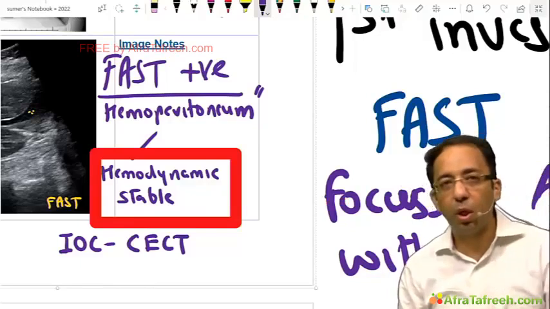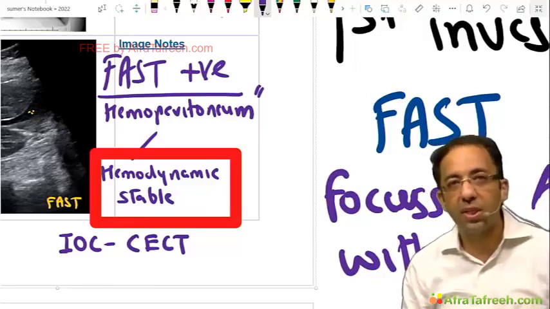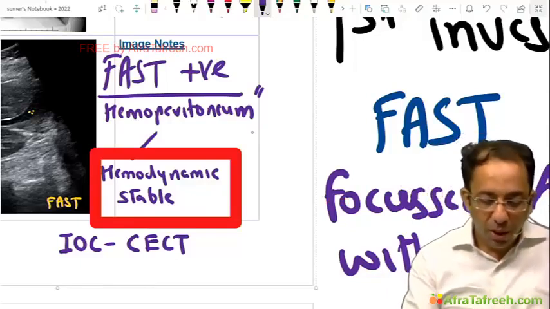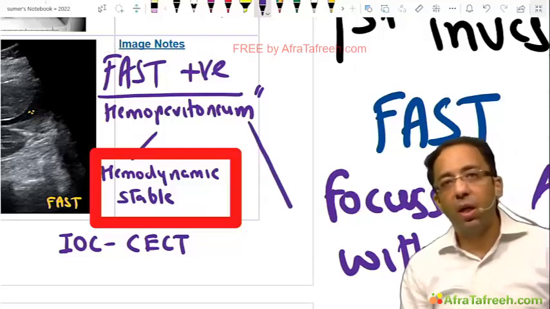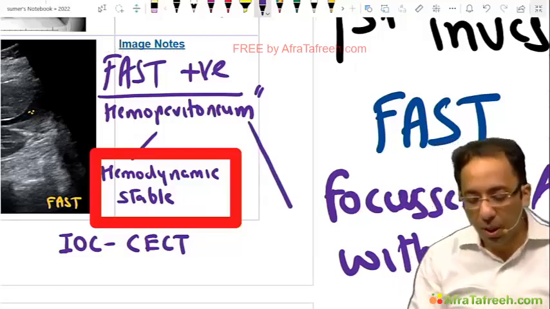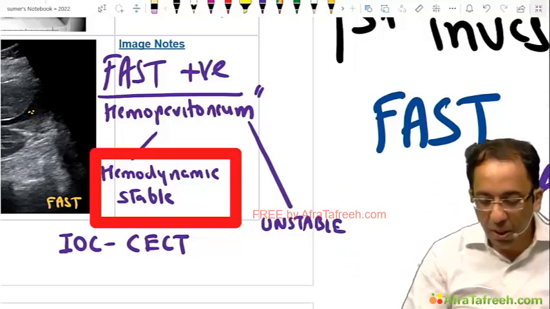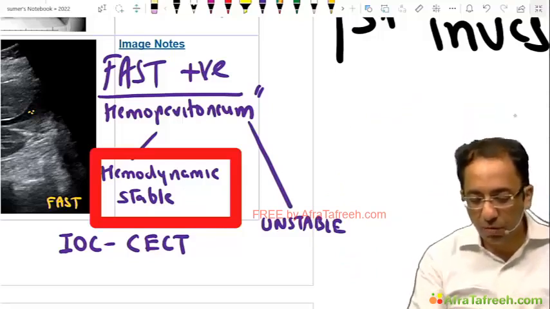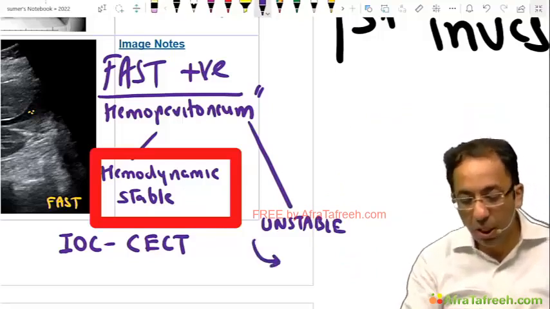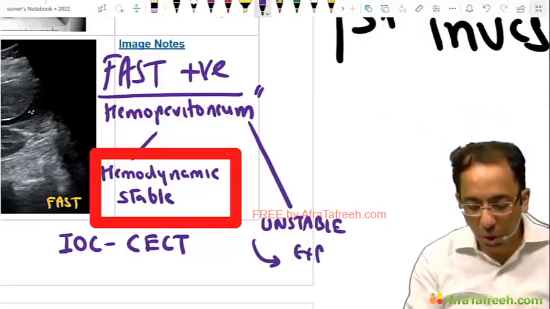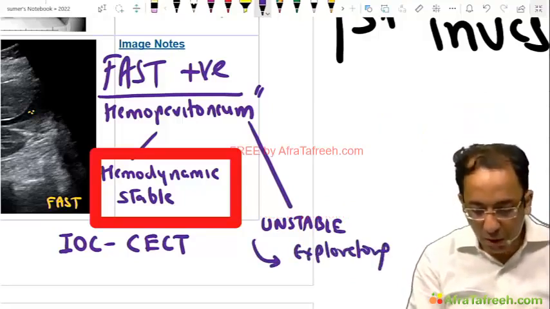If there is any retroperitoneal injury or hollow viscus injury, you do a CECT. However, CT can be done only if the patient is hemodynamically stable. If the patient is unstable and the FAST is positive, then you go ahead and take the patient to the OT for an exploratory laparotomy.